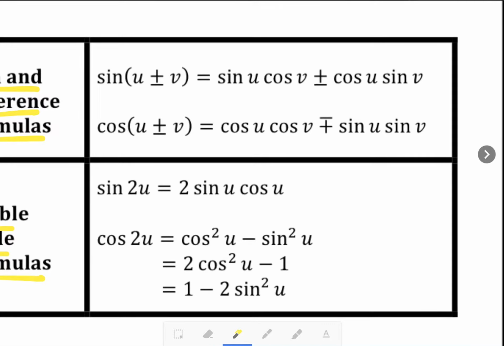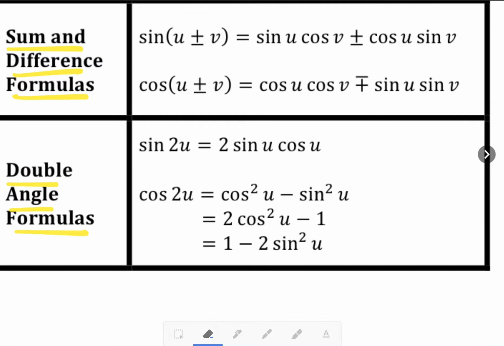Conversely, when I am subtracting, say if I wanted to do 45 minus 30, I would be adding the two expressions. So cosine 45, cosine 30 plus sine 45, sine 30. That's why it's written upside down, because it swaps. If I am adding here, I'm subtracting here.